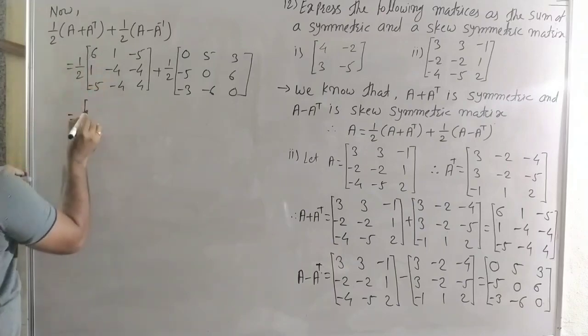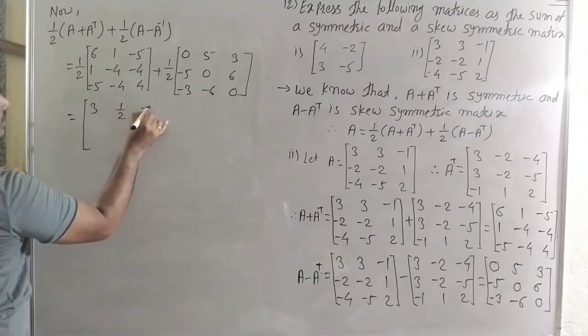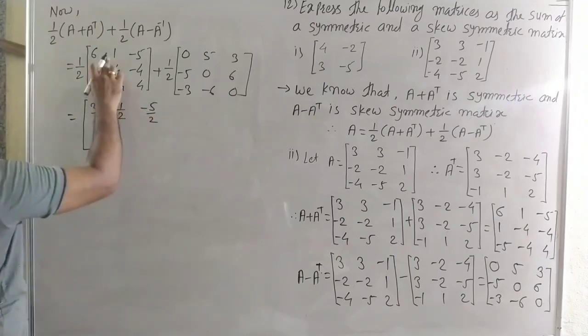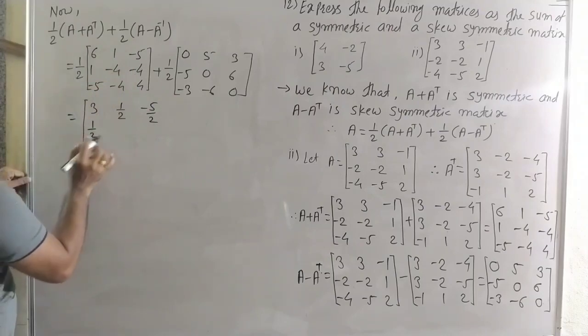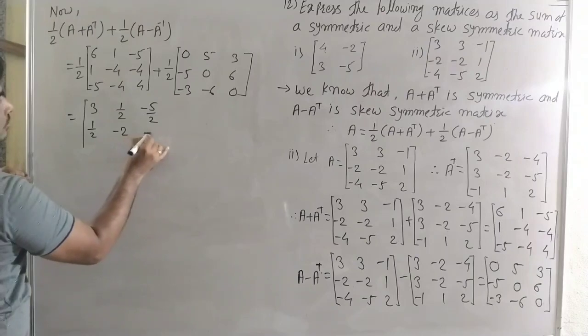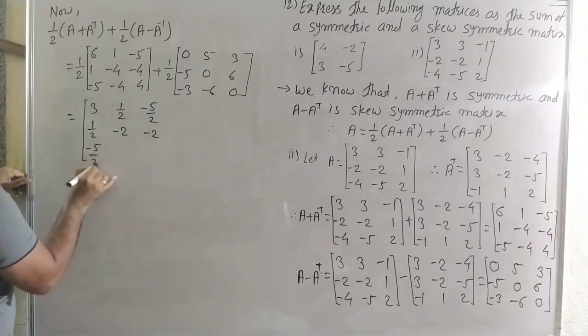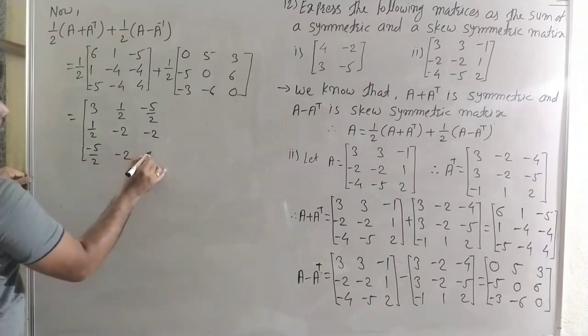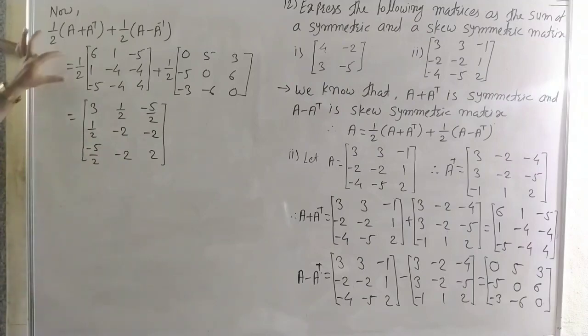We multiply this 6 by 1 by 2, it is 3, then 1 by 2, and minus 5 by 2. Then 1 by 2, minus 2, minus 2, then minus 5 by 2, minus 2 and 2.